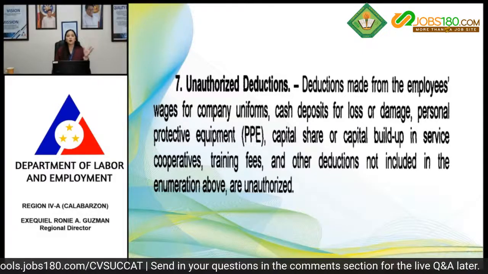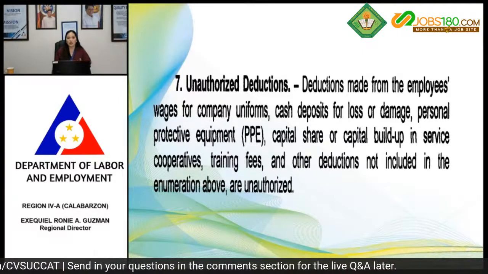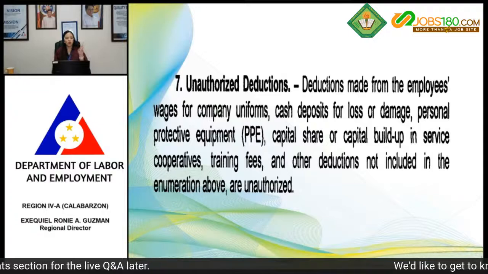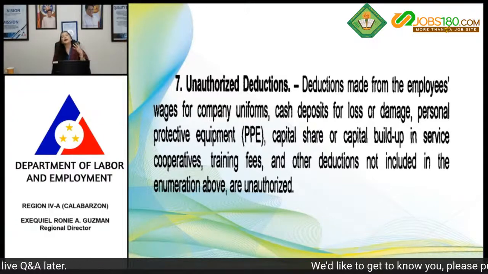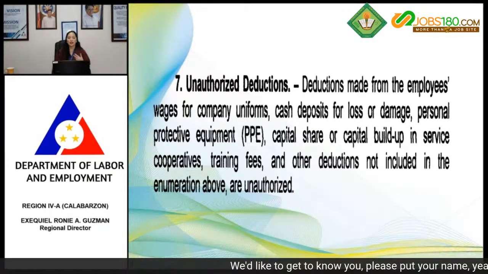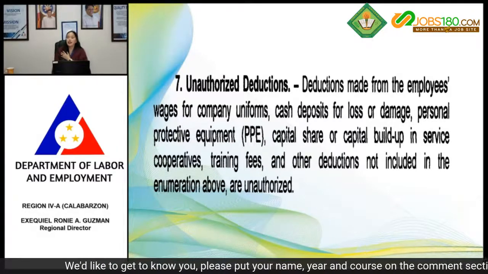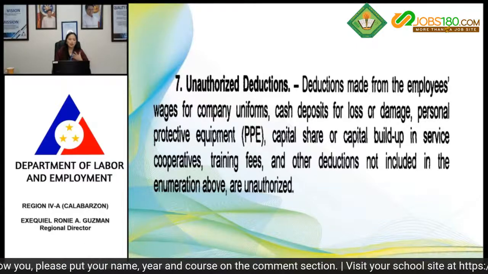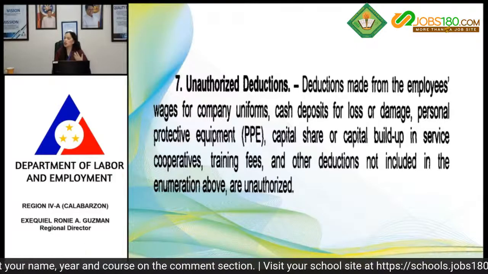2 sets po para wash and wear. Kung isa lang po, ina-advise po namin or we are encouraging companies to issue 2 sets of uniform para po merong wash at saka wear. Hindi po wear and wear. Hairnet po, safety shoes, and other gloves po, face mask, face shield.